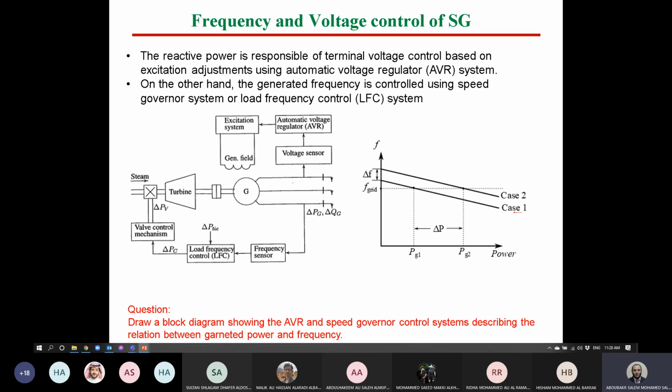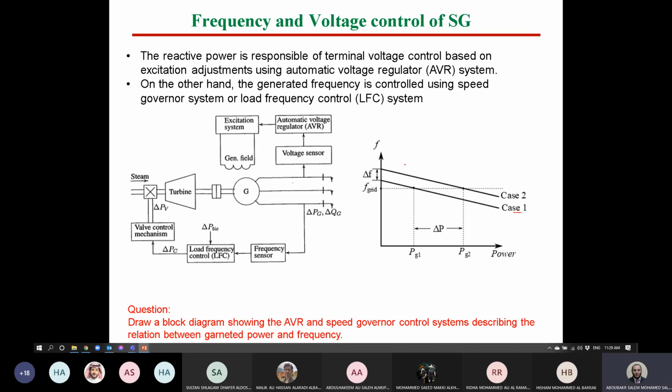Case 1 here means governor curve number 1. In order to achieve the same frequency, we have to change the governor curve. Changing the governor curve can be controlled by a system called the speed governor. So if we have, for instance, a steam turbine, the steam governor will open the valves to increase the steam in order to return to the same operating speed again.